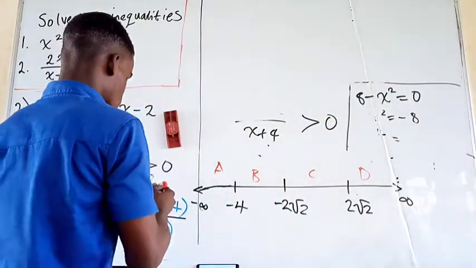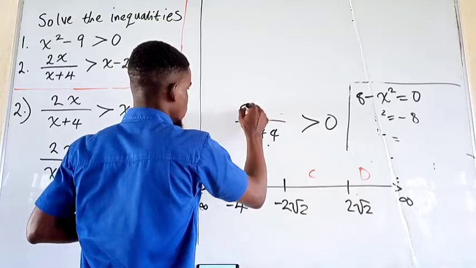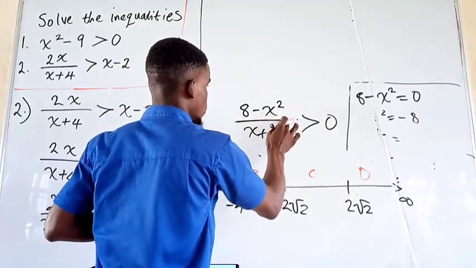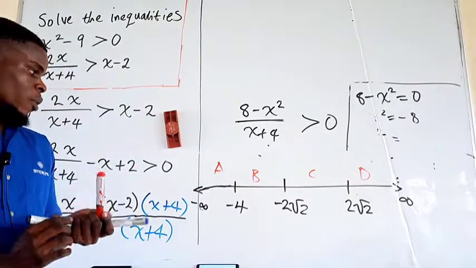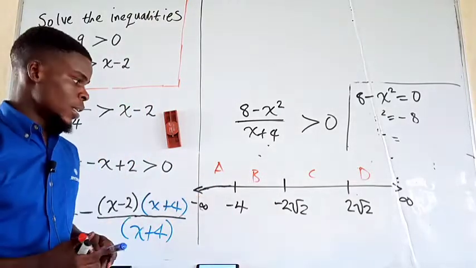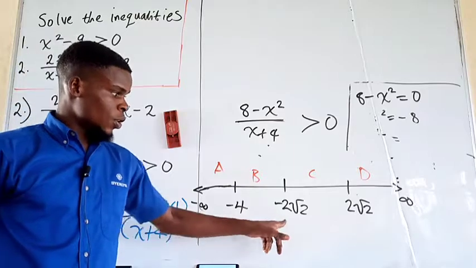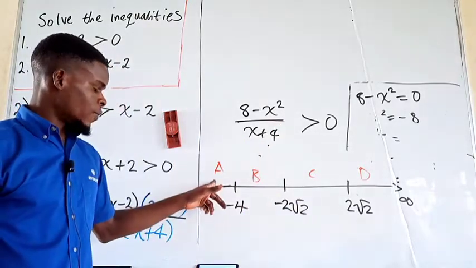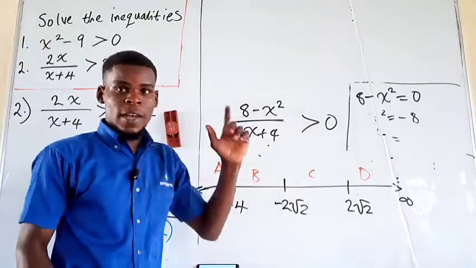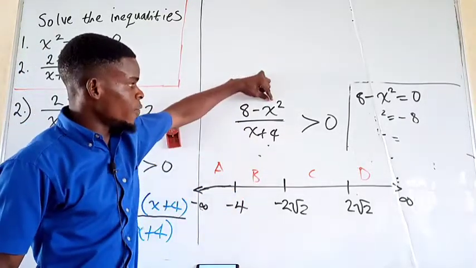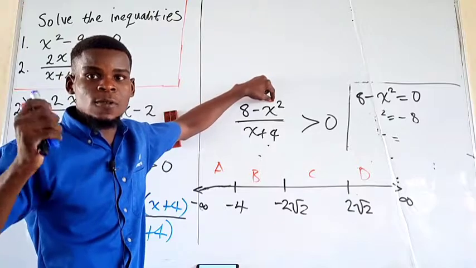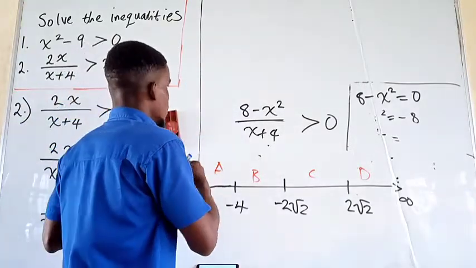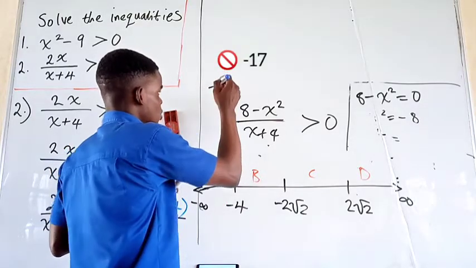I will not have to clean this. This was 8 minus x squared. Now let's pick a number here, -5. Remember we do not want all these points because they will not satisfy our inequality. So we plug in -5 for x. -5 squared gives us positive 25. 8 minus 25 gives us -16 on the top.